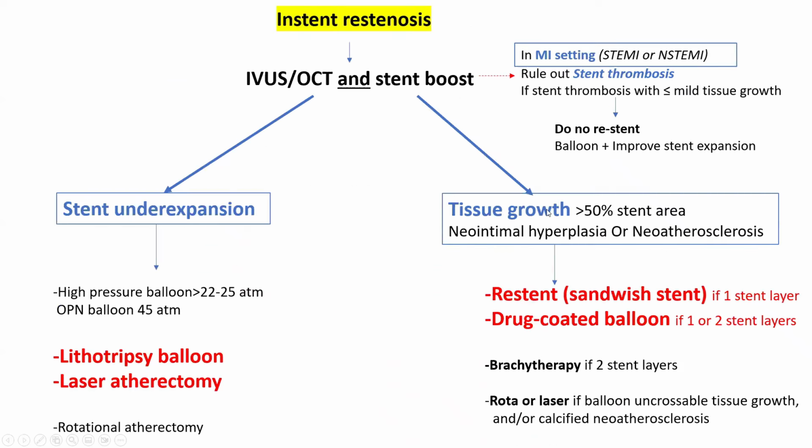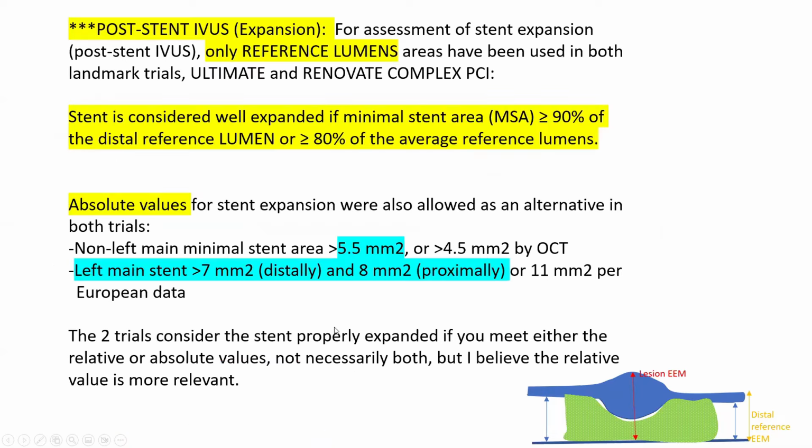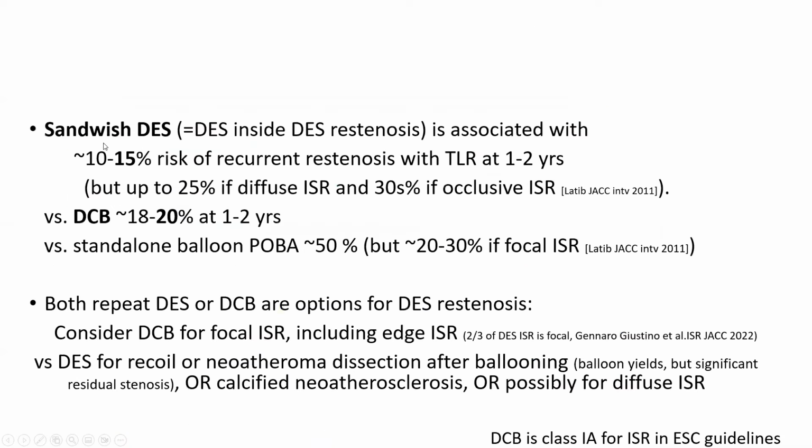Now, when we have in-stent restenosis from tissue growth occupying over 50% on the inside of the stent, how do we treat that? The two big modalities are sandwich DES, meaning putting another stent inside that stent, or DCB. Sandwich DES is associated with about 15% risk of recurrent restenosis at 1 to 2 years versus DCB 20% at 1 to 2 years.